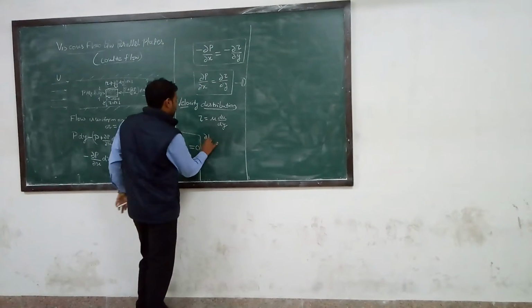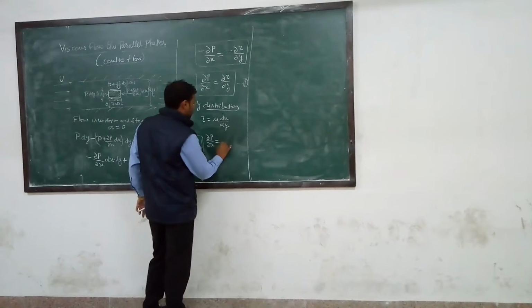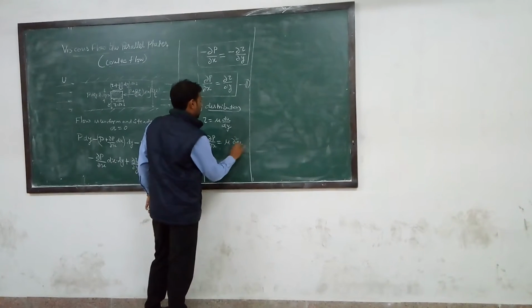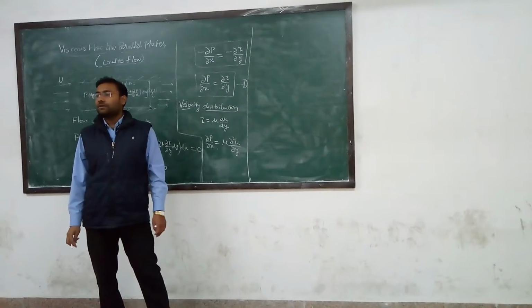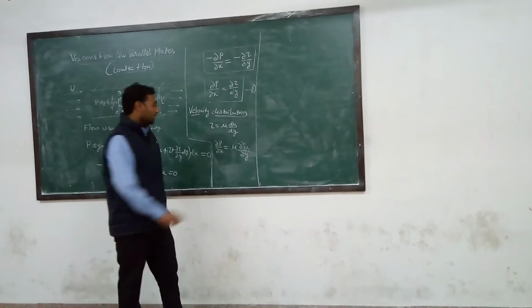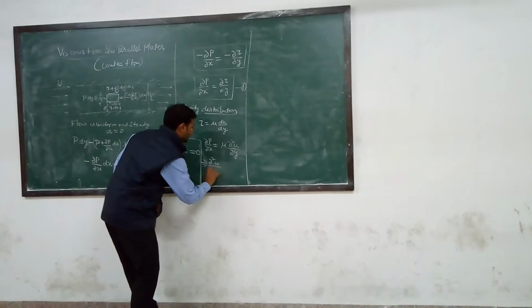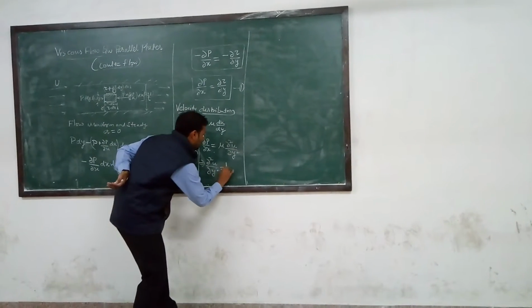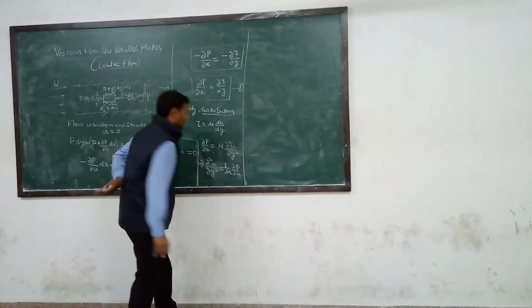So we get del P by del x is equal to mu del 2u over del y squared. Further, this can also be written as del 2u over del y squared is equal to 1 by mu del P by del x.